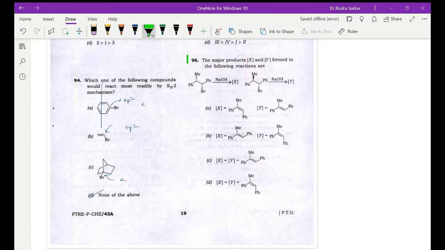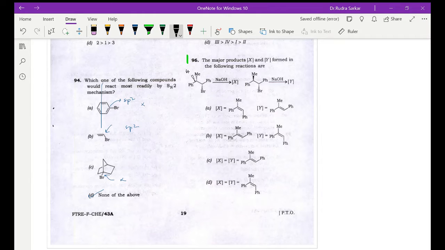Okay, over here the question is: the major products X and Y formed in the following reaction. We have to find out. So over here we can see that the H is lying opposite to the Br.